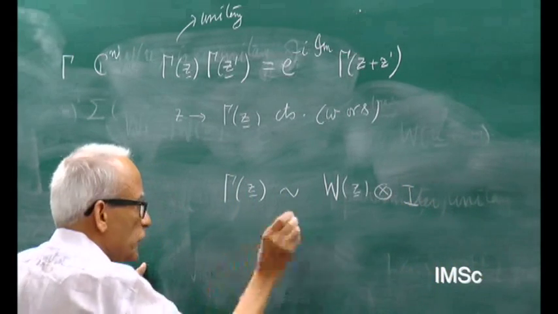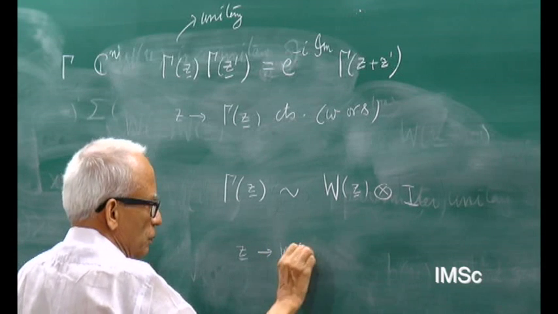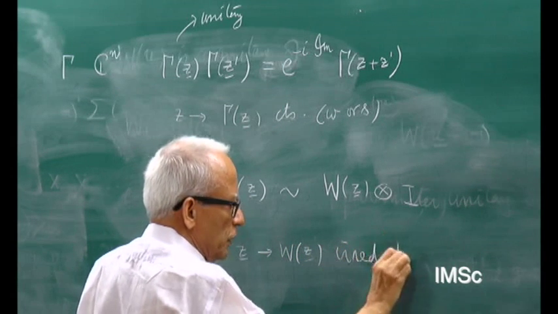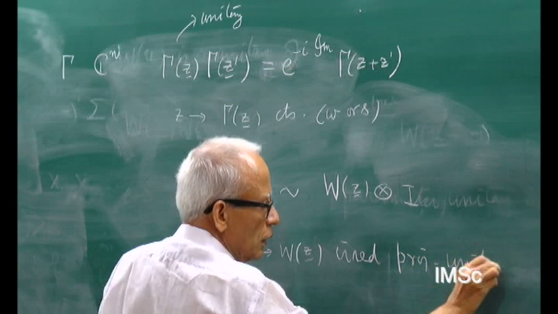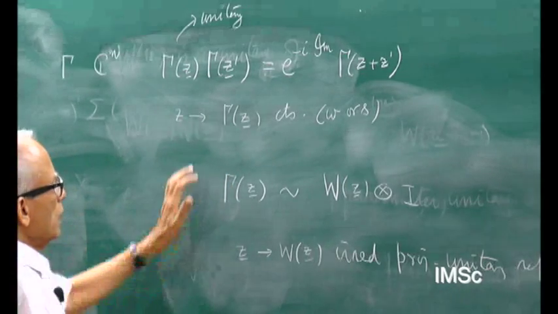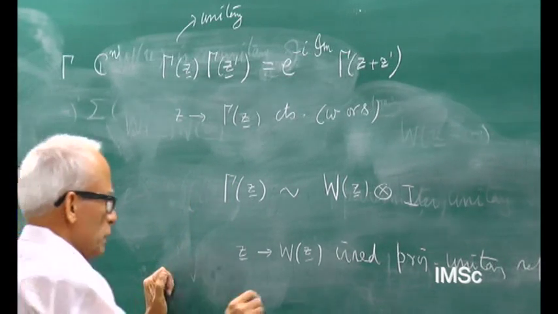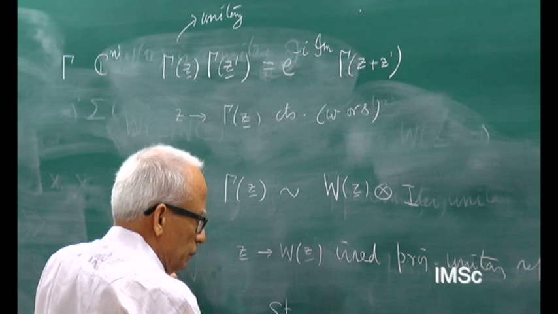Whereas this single copy z to W(z), that is an irreducible projective unitary representation. And this theorem holds. This is another way of stating the famous Stone-von Neumann theorem.